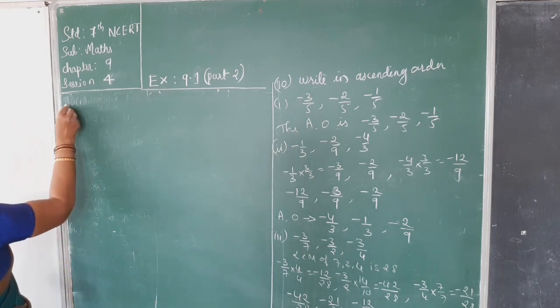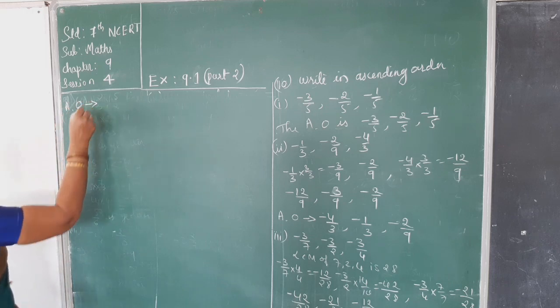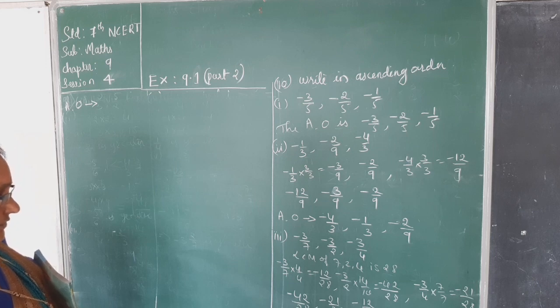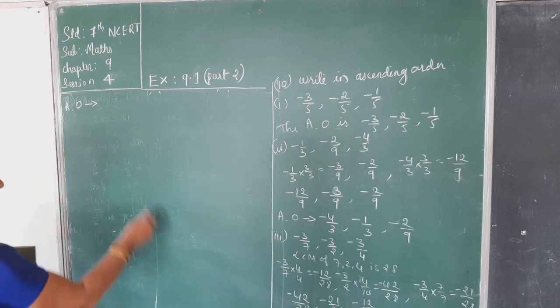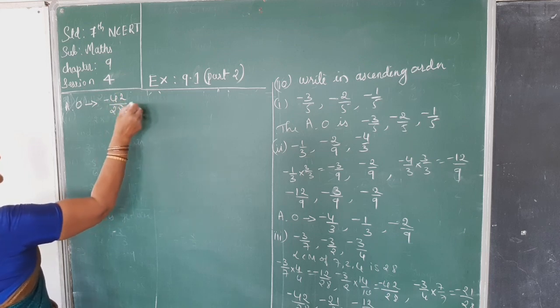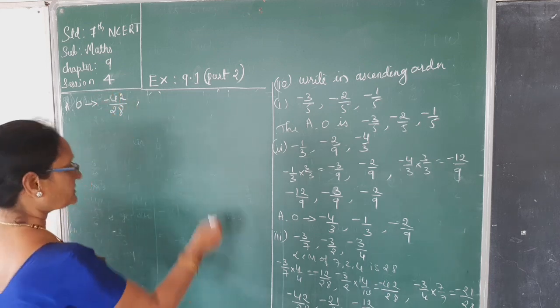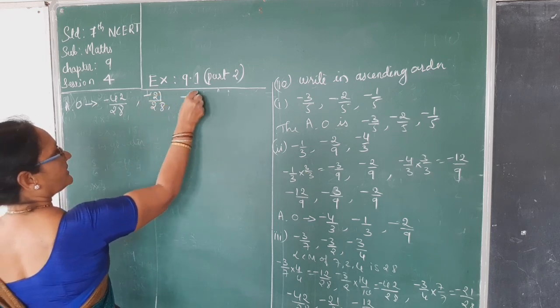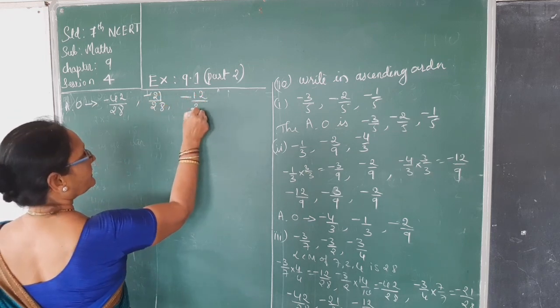So ascending order, which is the smallest one there? Minus 42 by 28 is the smallest. Next comes minus 21 by 28, then minus 12 by 28.